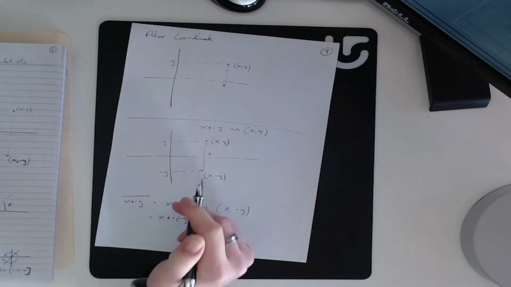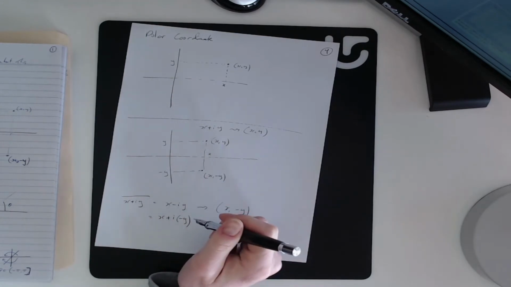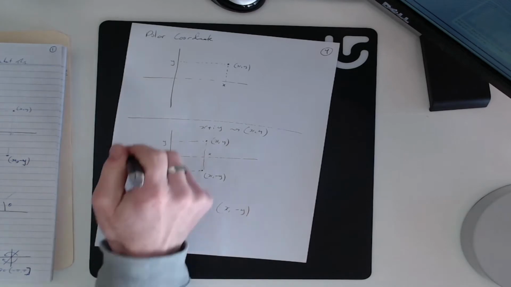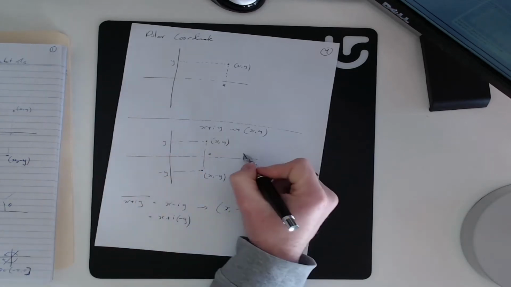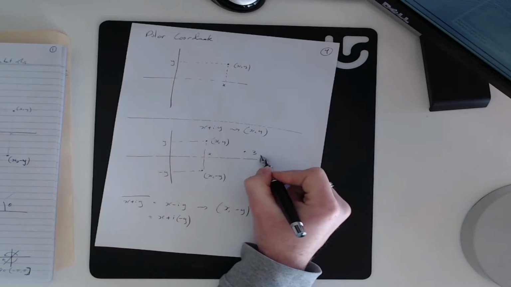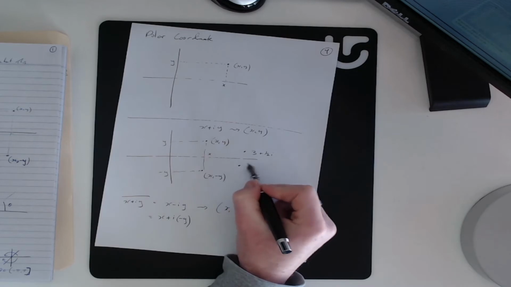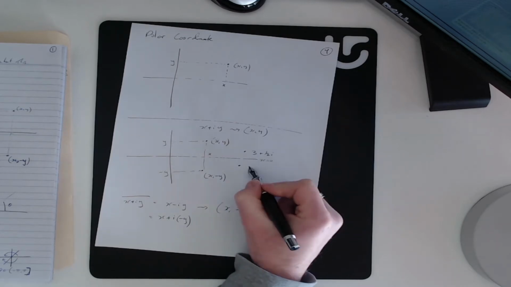And this is a generic feature. If I take a point and I take its complex conjugate, it ends up being flipped. So if I have a point over here, which might be, let's say, 3 plus 1/2 i, its complex conjugate is reflected in the real axis.